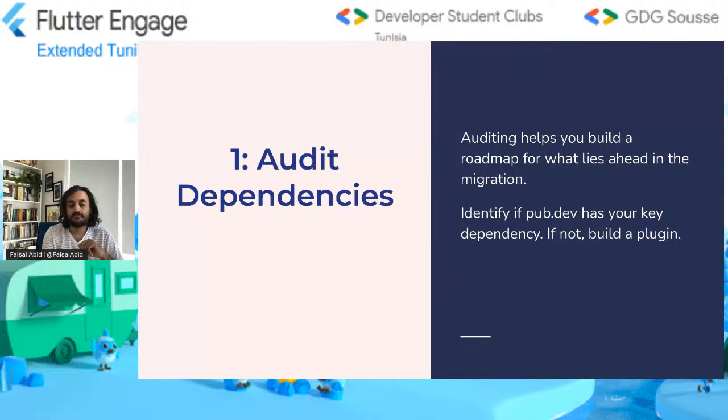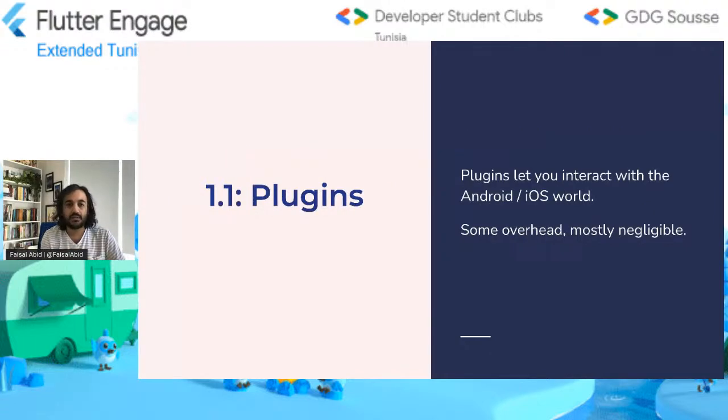If it doesn't, what you have to do is build a plugin. And we're going to be talking about plugins a lot in this talk. Basically, a plugin is a simple way that lets you interact with the Android and iOS world. What does that mean? When you're running a Flutter app, you have your phone, and then you have your Android OS or iOS OS, then you have the Flutter app running on top of it.